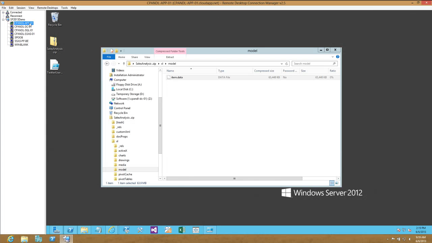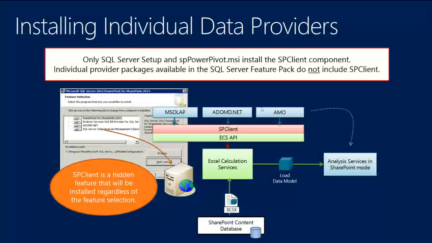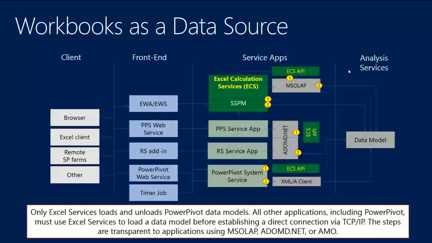Let's continue with our presentation. As I already pointed out, you have to have the data providers on every machine in your farm environment. Now, how do you get the data providers onto this? There's a detail that I need to point out to you, and this is this ECS API. We have a component in our data providers that we call SP client.